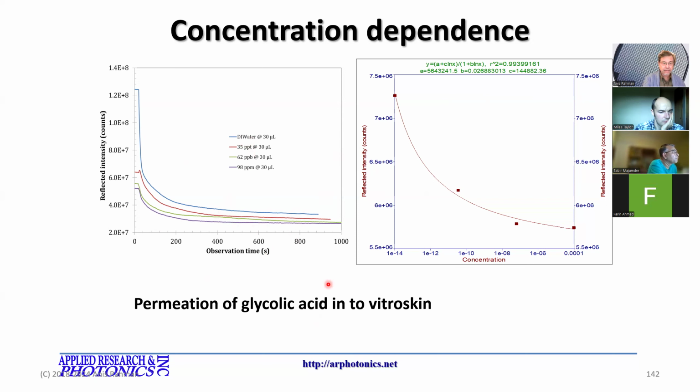They were interested in it. So they provided us this glycolic acid solution at different concentrations. And when we did the permeation through the stratum corneum, we were able to actually make a calibration curve. So unknown concentration can be measured from this calibration curve. That was the whole point.